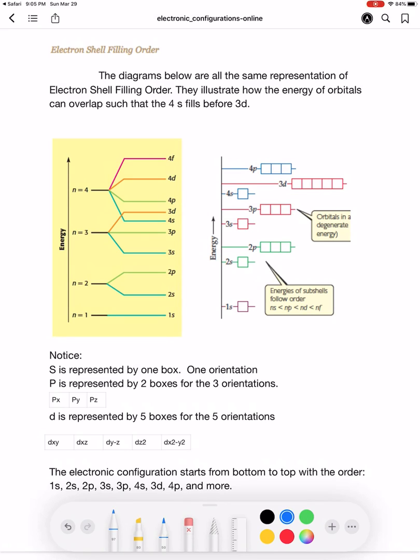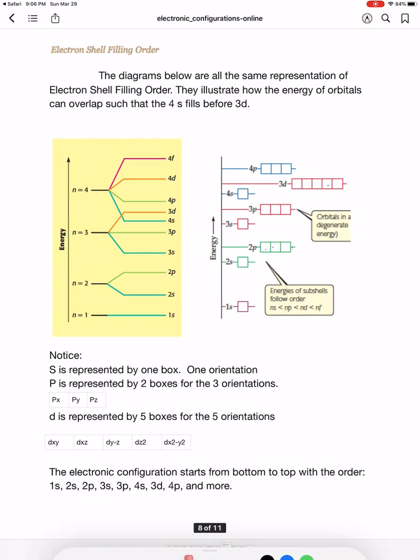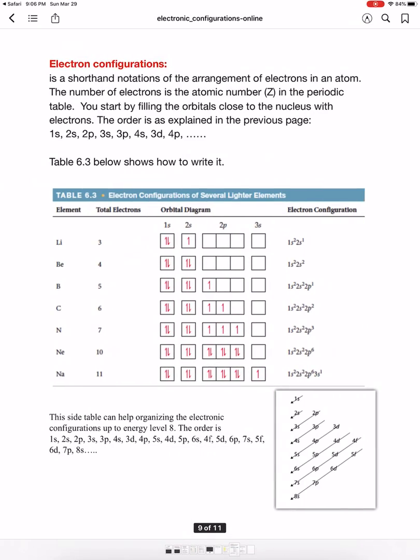The only thing here is that instead of putting s, like we learned, it's just another presentation. So you have here, look, the s is 1 orientation, the p has 3, like I said before, and the d has 5. Okay. Fine. So you need to understand that.